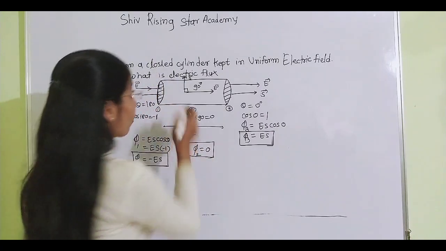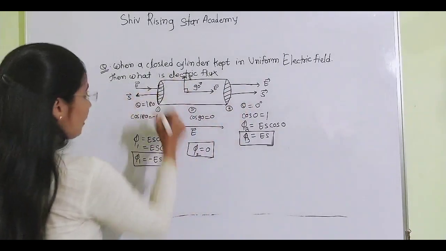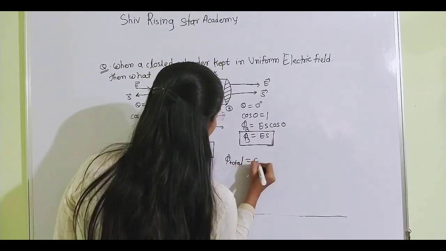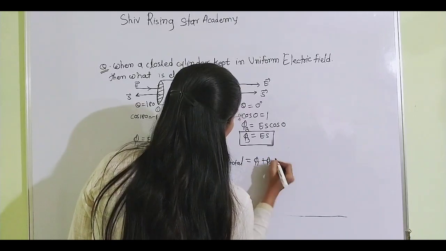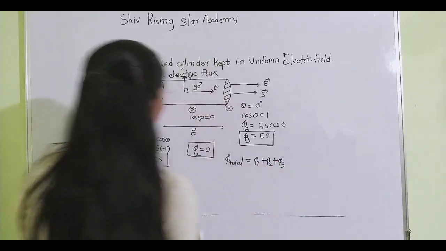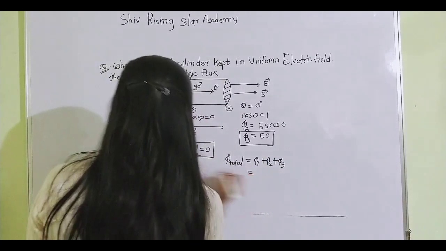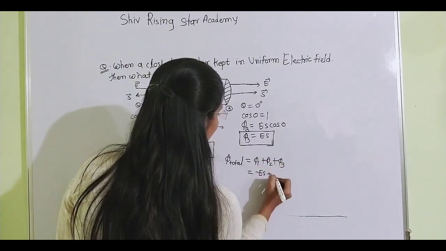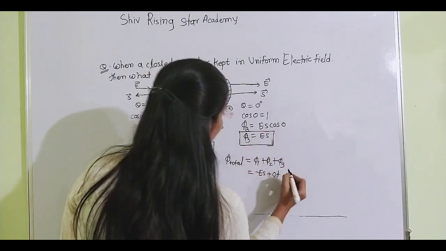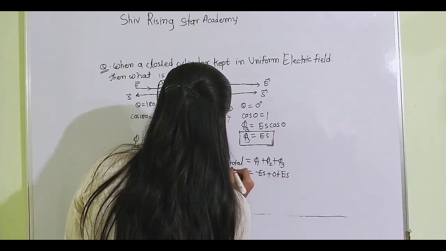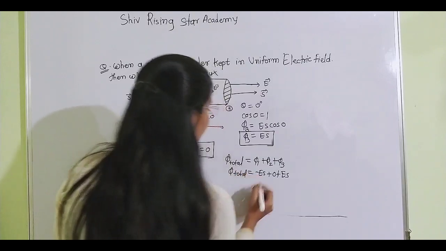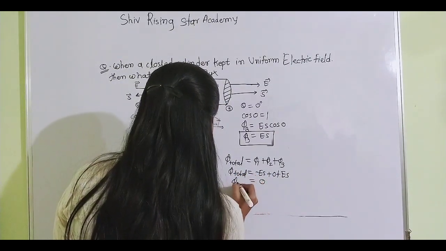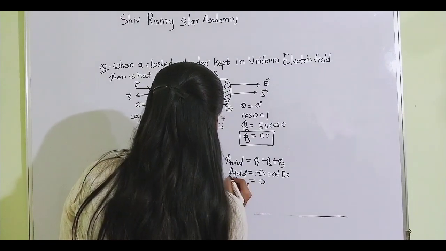So the total flux through this cylinder is phi total equal to phi 1 plus phi 2 plus phi 3. Phi 1 is minus ES, plus phi 2 which is 0, plus phi 3 which is plus ES. So minus and plus cancel, and phi total is 0.